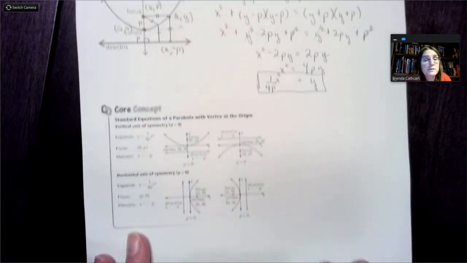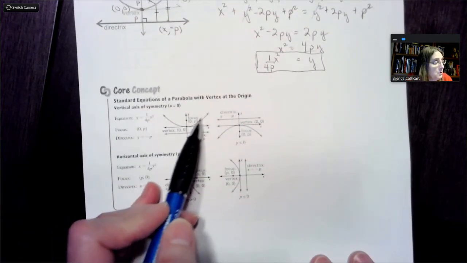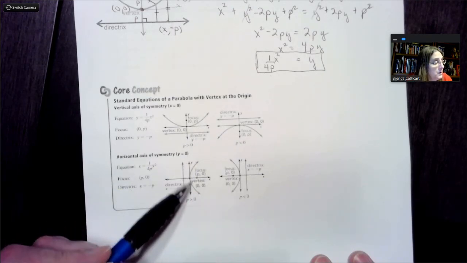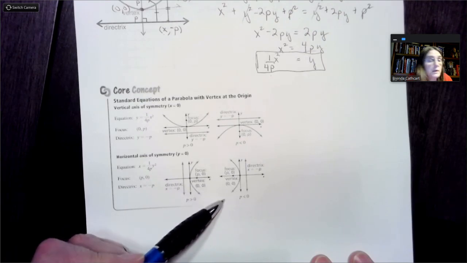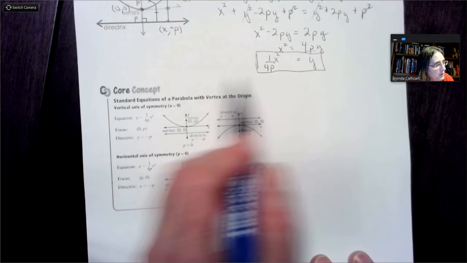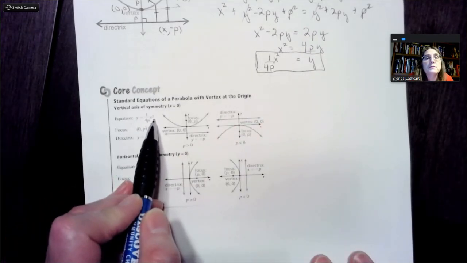Now, one of the neat things about a parabola is we're actually going to be looking at parabolas not only opening up or down, but we can be looking at parabolas opening to the right or to the left. In our first one, our equation is our typical equation like we have here, y equals 1 over 4p times x squared.